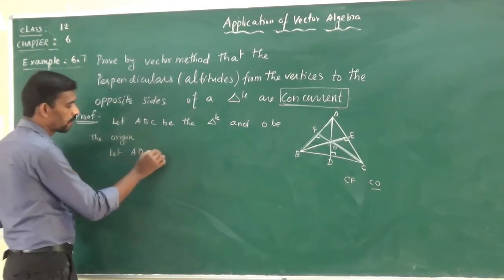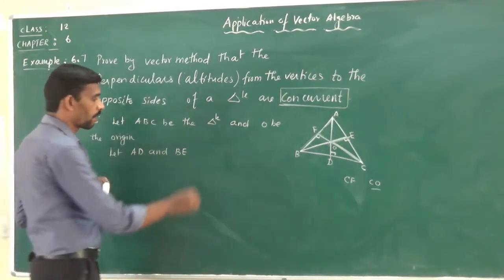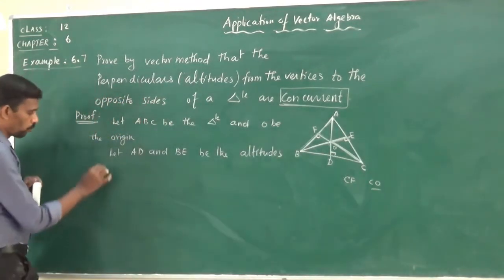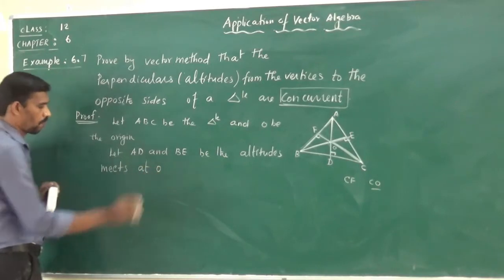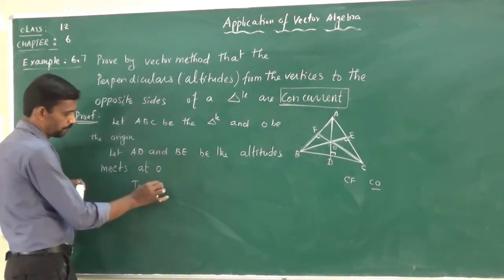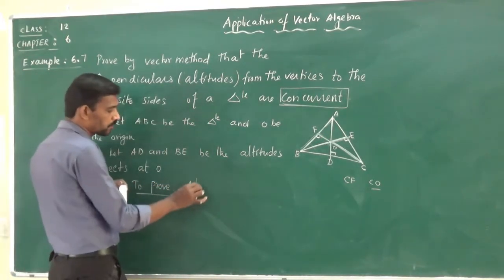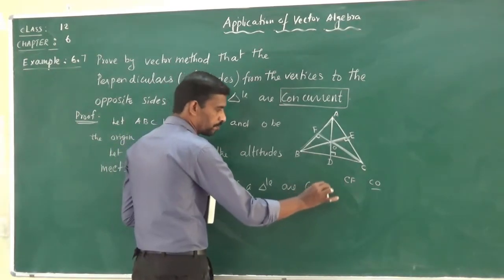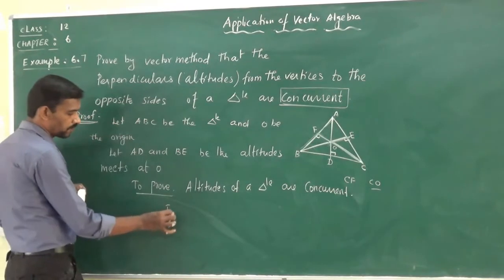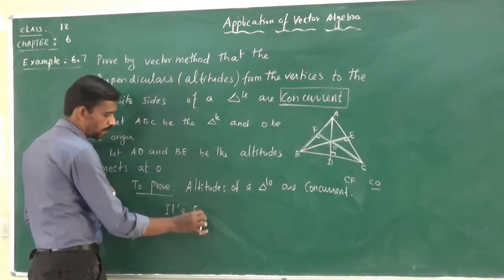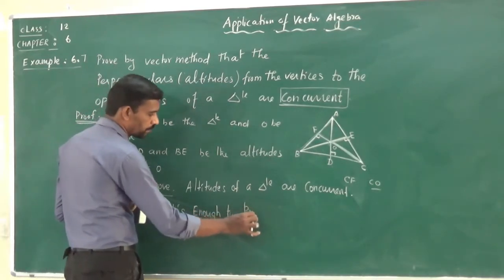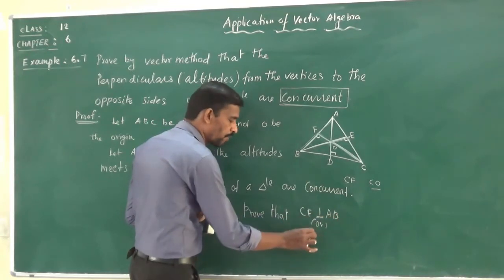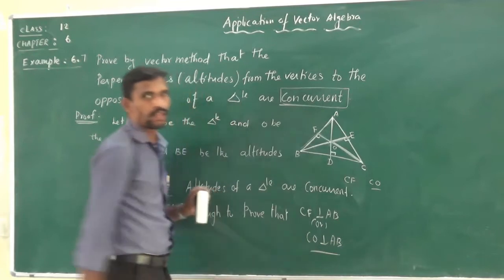Let AD and BE be the altitudes meeting at O. To prove that altitudes of a triangle are concurrent, it's enough to prove CF perpendicular to AB, or CO perpendicular to AB. Right?